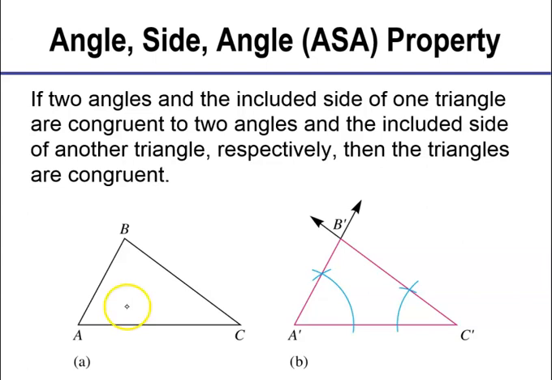So we have this known triangle ABC, and we're trying to copy it over here in pink using the angle side angle property. So how could we do that? Well, first of all, you need a line drawn at the bottom. Okay, now let's reproduce our angle.